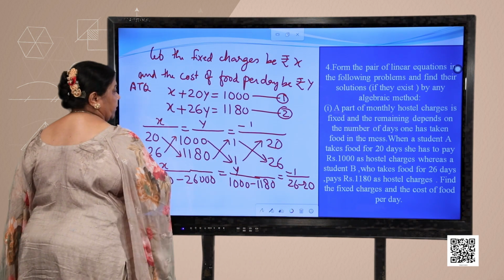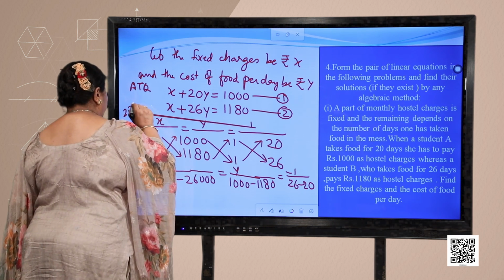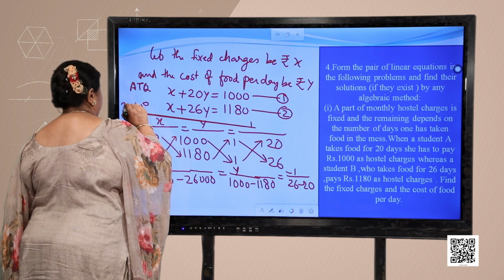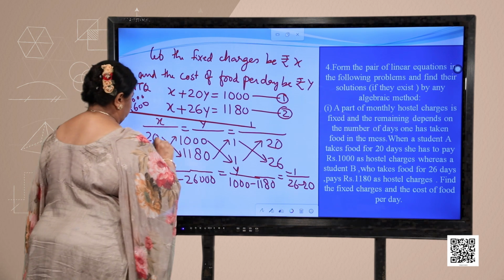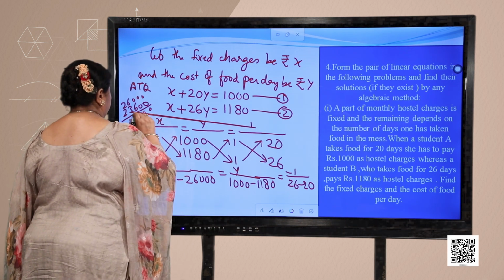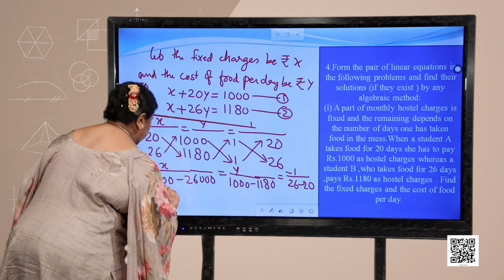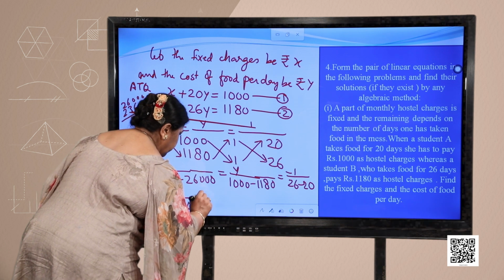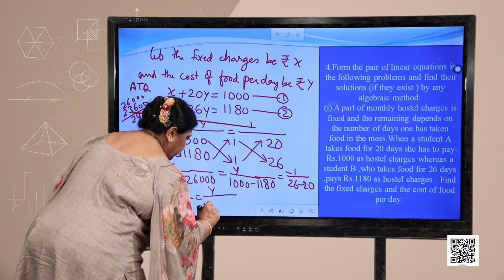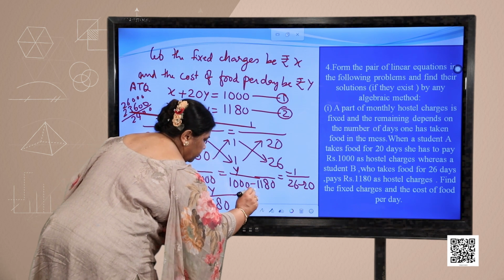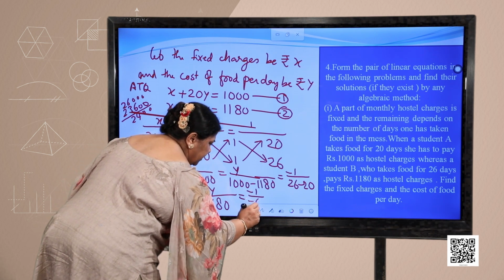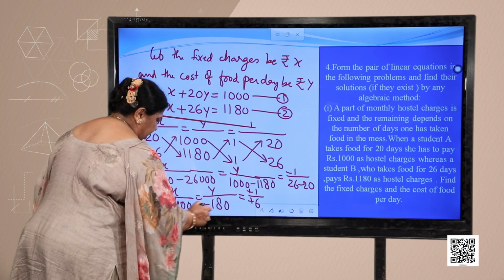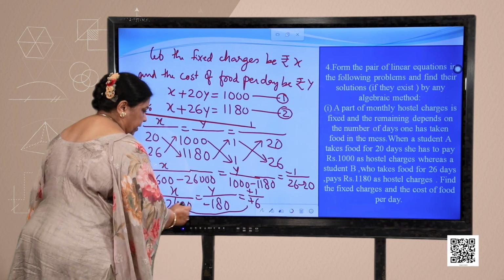So, we have x upon minus 2400 is equal to y upon minus 180 is equal to minus 1 upon minus 6. This becomes plus.